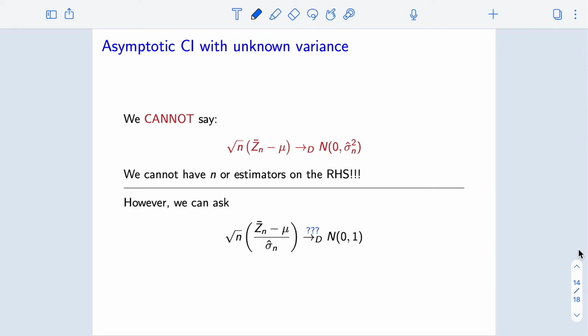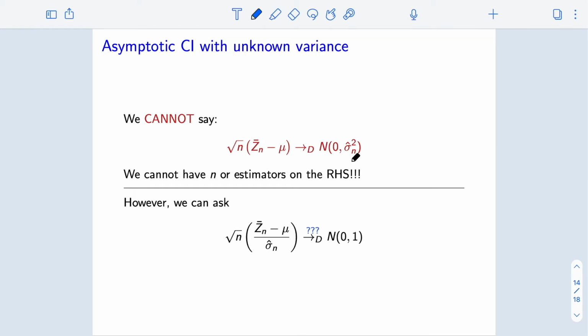So again, how do we think about doing this calculation? One thing we might want to write but can't is that square root n times the sample mean minus the true mean converges in distribution to a normal with mean 0 and variance sigma hat squared sub n. We're not allowed to write this because on the right-hand side, we have a stochastic quantity. We don't have sigma squared, we have sigma hat squared, and we're not allowed to have sigma hat squared on the right-hand side of this convergence in distribution statement.